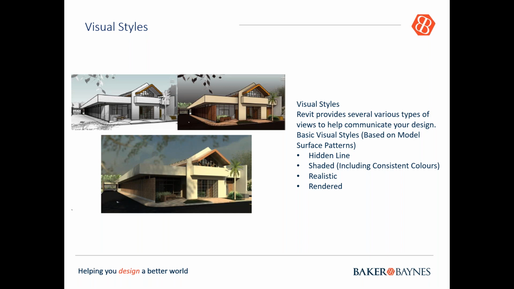As the design becomes more refined, you might opt for a more shaded or realistic view, and then you can start demonstrating your materials. And once the design has been finalized, that's when we move on to the rendered view, which gives you a more realistic presentation.